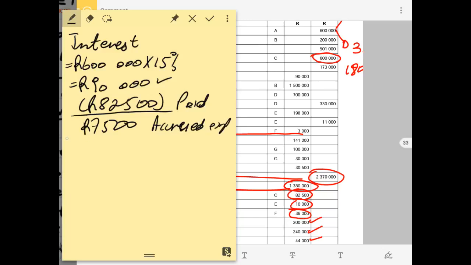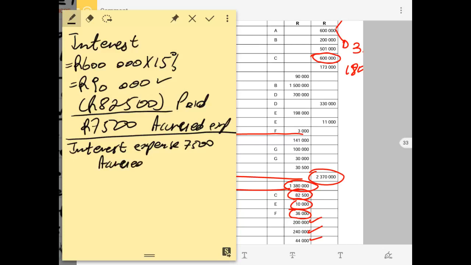So now when we do the general journal regarding the loan interest, I think that was the first requirement, we'll have to say debit interest expense by 7,500. Then we credit accrued expense, and our accrued expense will be 7,500.